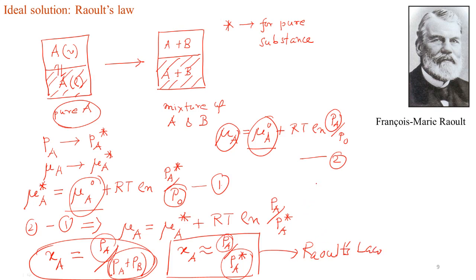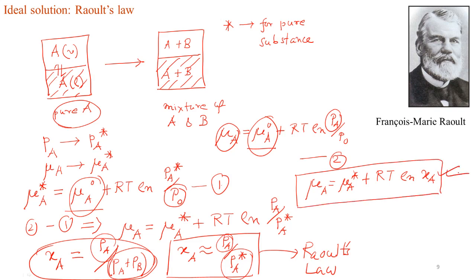And using Raoult's law, if we just rewrite this equation, we'll get mu is equal to mu A star plus RT ln PA by PA star. We will write it as XA.